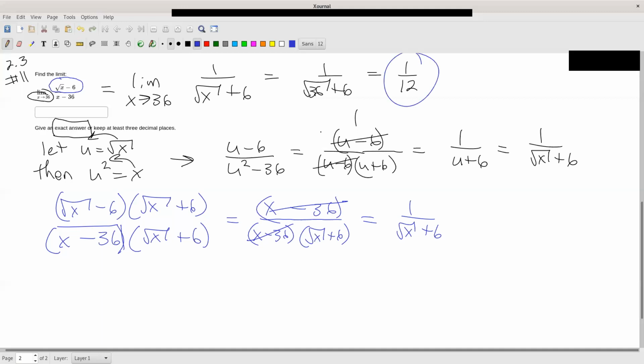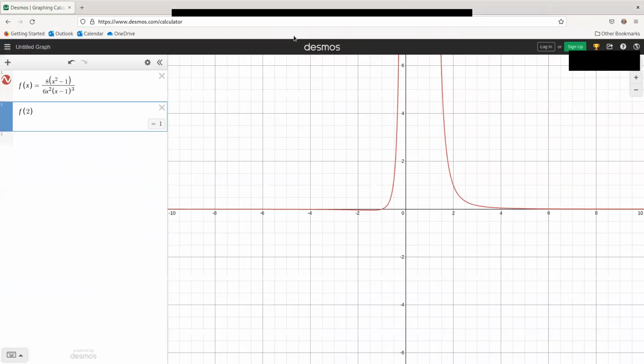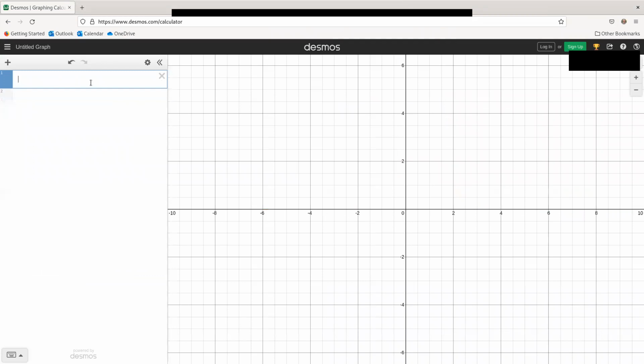Now, maybe this is a test question. I want to be super sure this is correct, so then I whip out my calculator. So on my calculator, let's get rid of that and that. I'm just going to enter that as a function. So f of x equals fraction x minus 36, or let's see, did I get that right?